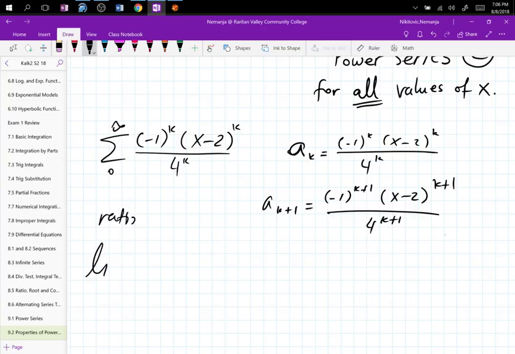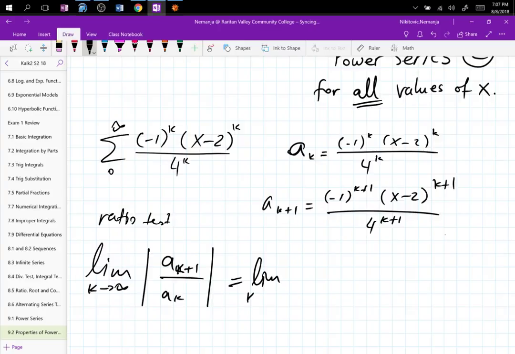Ratio test. So limit as k goes to infinity. We are dividing a_(k+1) by a_k.